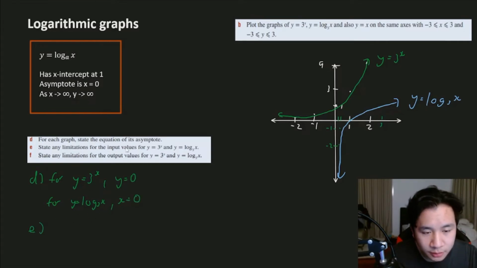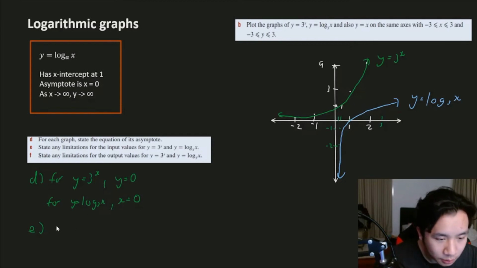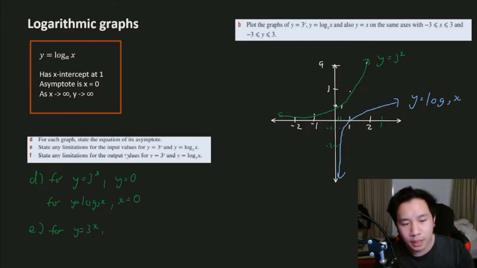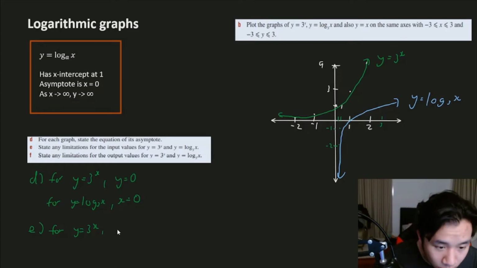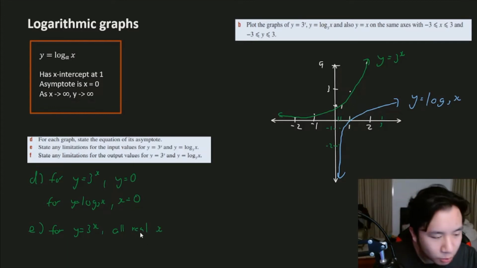State any limitations for the input values for y equals 3^x and y equals log_3 x. For y equals 3^x, the input values just mean the x values: what can the x values be? In this case, they can be all of them, so all real x. All real x just means all real numbers. There's something called imaginary numbers, but I won't go through that.